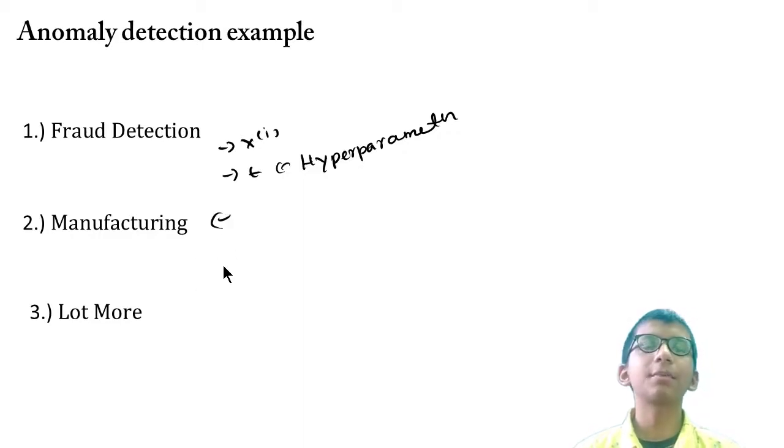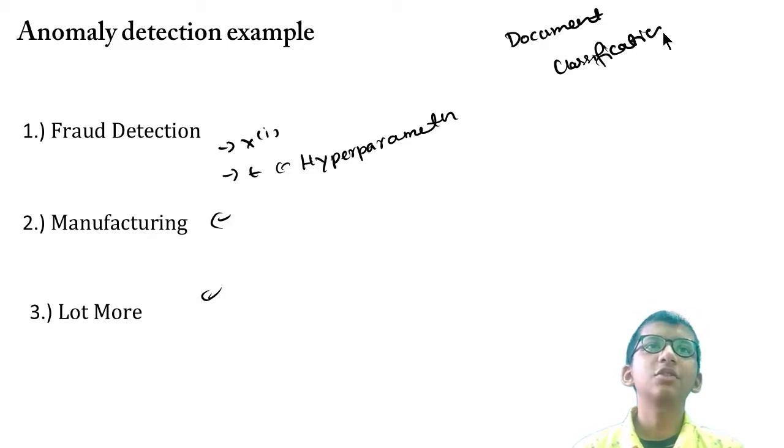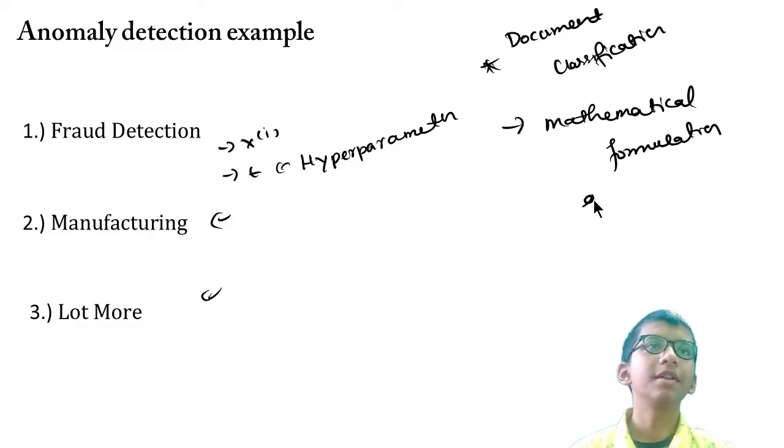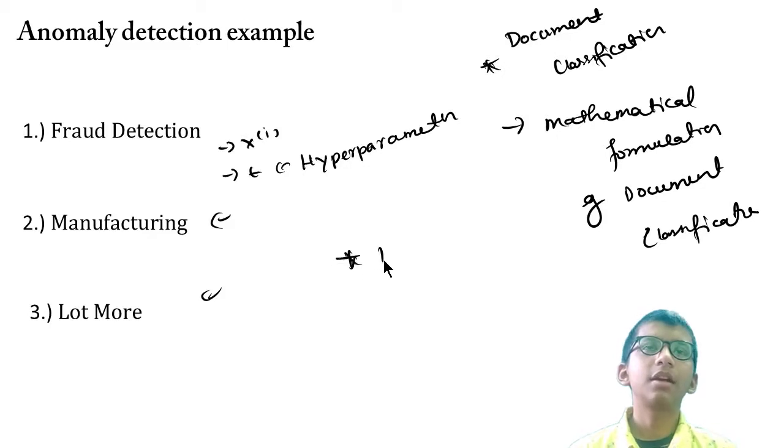We will take a look at a project called document classification, and I think this will be the mathematical formulation of document classification. Okay, and then I think I'll be building recommender systems.